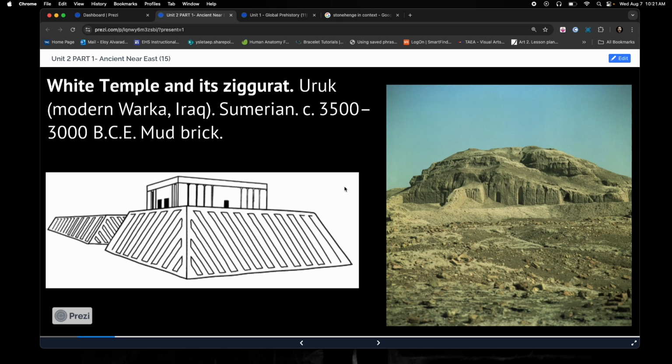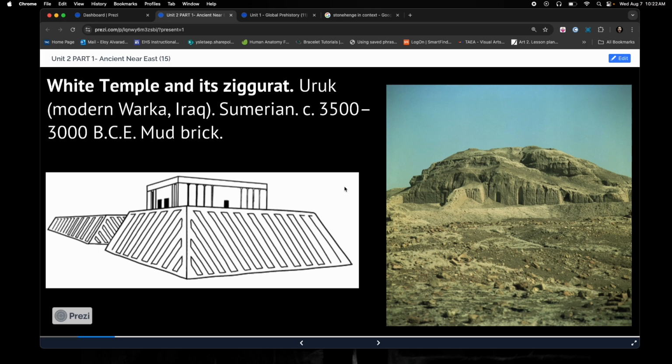Speaking of religion, now these are the Sumerians. They ruled southeast Babylonia. And they're the ones that were innovating a lot. They brought us the cuneiform, and they developed the first urban communities.